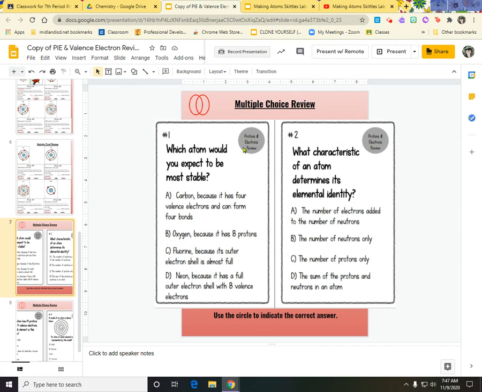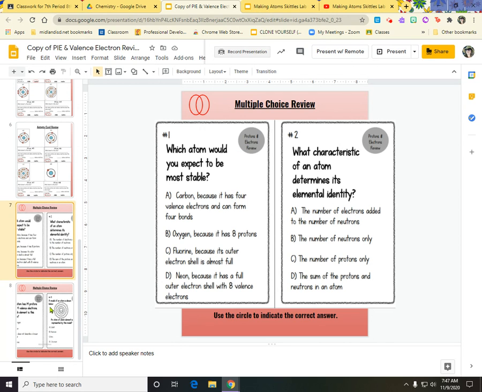Then you have the multiple choice review questions. These are very straightforward, okay? Most of these are just reiterating over and over again that PIE is true: protons identify the elements. So if it's talking about identity, it's talking about protons.